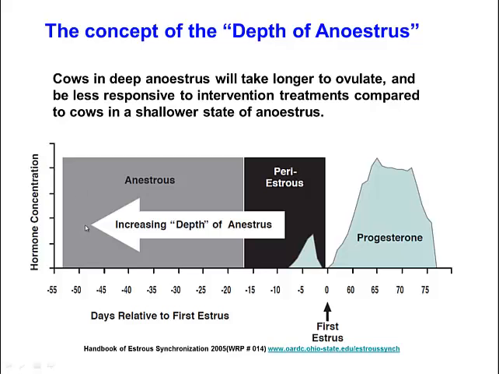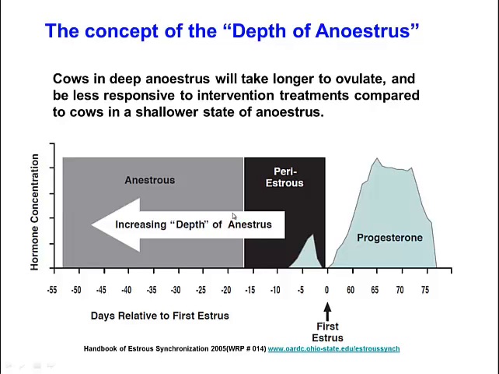It's quite difficult to make her ovulate. But as the calf gets older and the calf is weaned, she may be in what we call shallow anestrus, and soon she'll start ovulating. And this has important implications for fertility. These cows are less fertile than these cows if you force ovulate them.